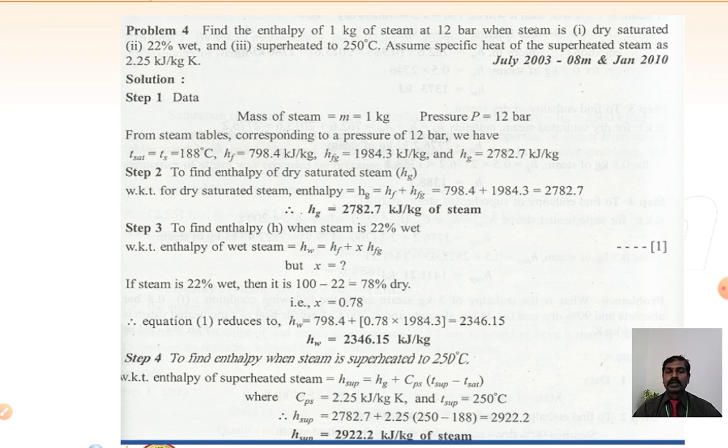The superheated steam temperature is given, and the dryness fraction is given: 22% wet, in the sense you have to find the x value. 22% wet means 78% dry, that is x is equal to 0.78. So by seeing the wetness fraction we can find the dryness fraction, and by using that we can find hfg and h super. We will see that in the next videos.